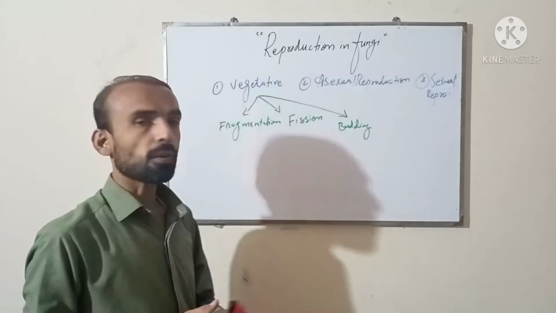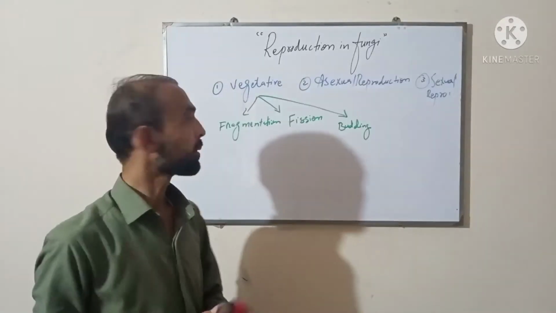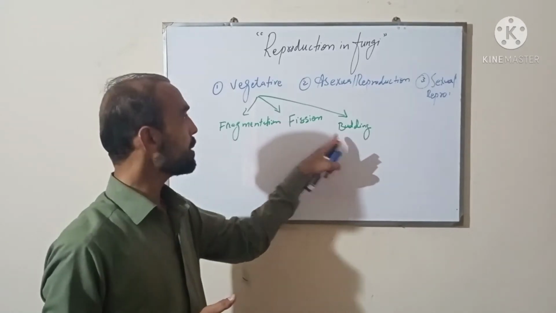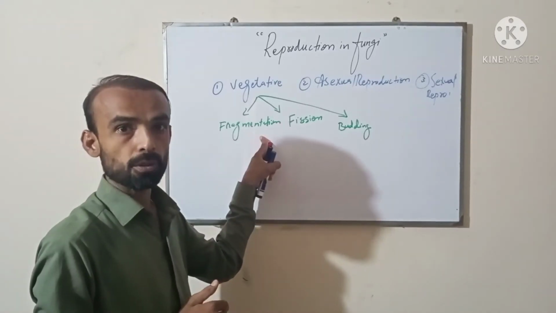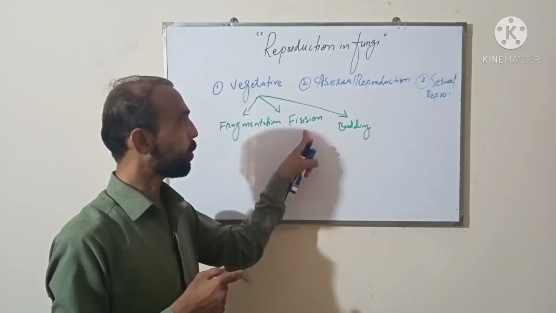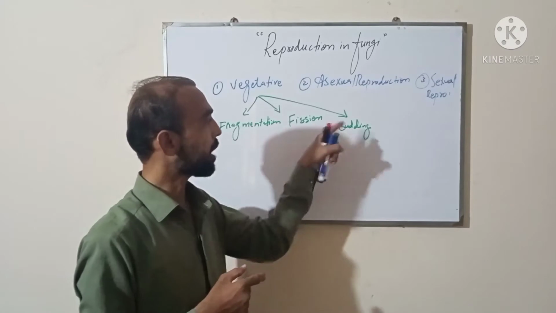Now there are three types of vegetative reproduction: fragmentation, fission, and budding. Now I am going to discuss these three types. First of all, what is fragmentation? Second, what is fission? And third, what is budding?